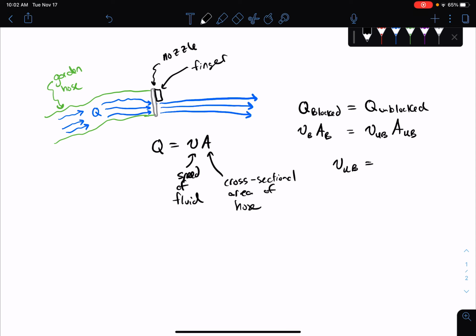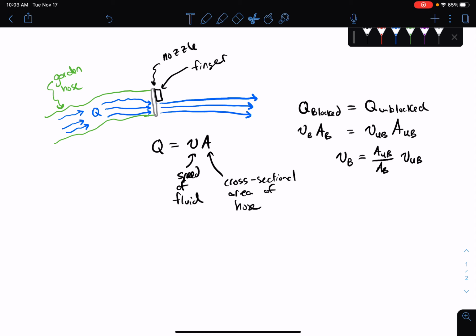Well, it's going to be the area when it's blocked divided by the area when it's unblocked times the speed when it's blocked. Or let me rearrange that and make it a little bit better. Let's solve for what is the speed of the water when it's coming out of the hose when half of the hose has been blocked. It's going to be the area of the hose when it's unblocked divided by the area when it's blocked times the speed the water comes out when it's unblocked.